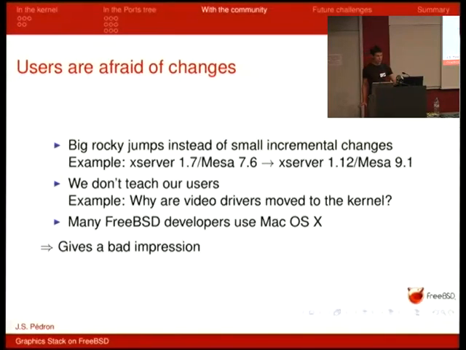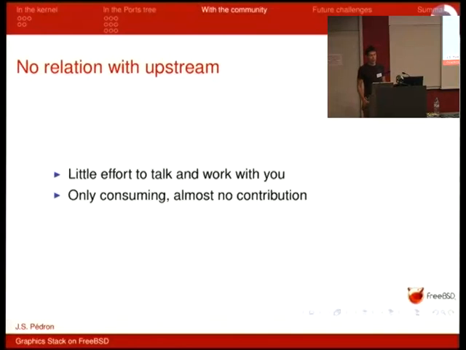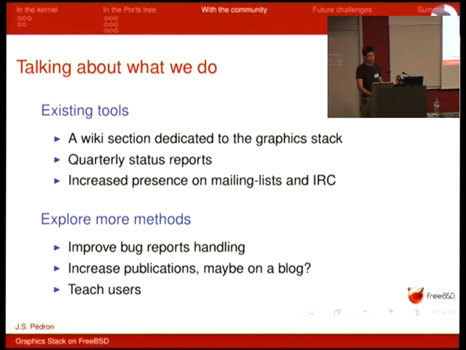Last but not least, because we are only consuming, we never talk to you and contribute back. To solve this, we already increased our presence on mailing lists and IRC. We reworked our wiki section with up-to-date information and published more detailed quarterly status reports.